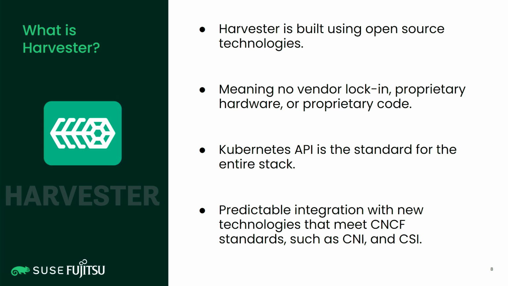Network, yes. And CSI? Storage, yeah. These are standardized ways for Kubernetes to interact with virtualized networking and virtualized storage. And therefore, because Harvester is just Kubernetes, it works for Harvester.